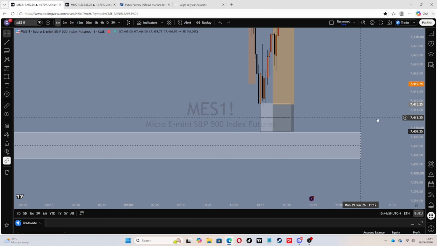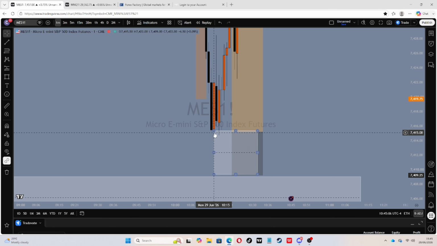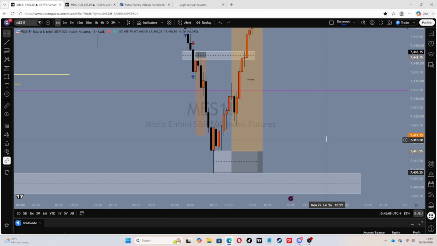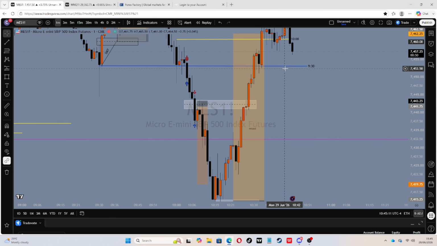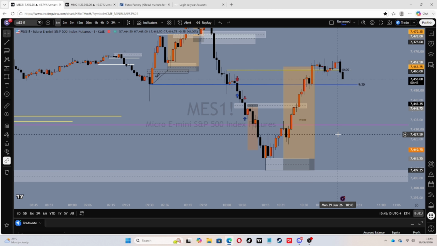Wow, that's perfect actually. Tapped into this 1 minute, huge rejection out of it, rejection block, retested it, could have longed to true day open, 9:30 and 10 a.m. This would have been a beautiful trade to take.